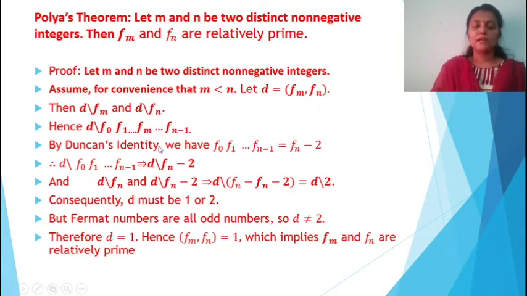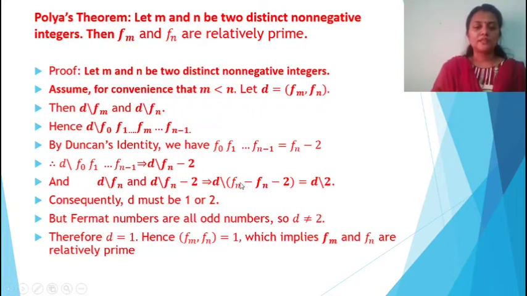So by Duncan's identity we have this product F_0, F_1, etc., F_(n-1) is F_n minus 2. Therefore D divides this product F_0, F_1, etc., F_(n-1), which implies D divides F_n minus 2. So we have D divides F_n and D divides F_n minus 2, which implies D divides the difference, F_n minus (F_n minus 2).